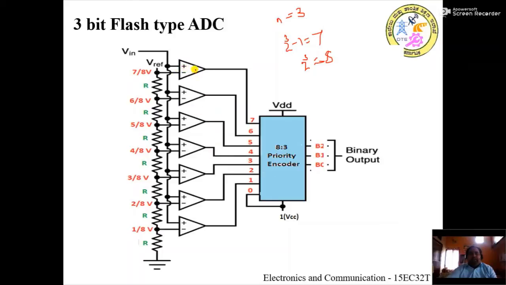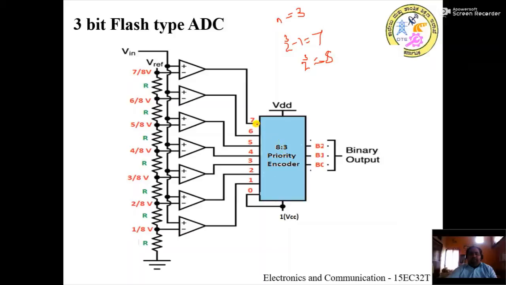The comparator is going to compare the unknown analog quantity with the known reference quantity. Depending upon the comparison result, it would produce either a logic 1 as output or logic 0 as output. The outputs of all these 7 comparators are fed as input to an 8:3 priority encoder.